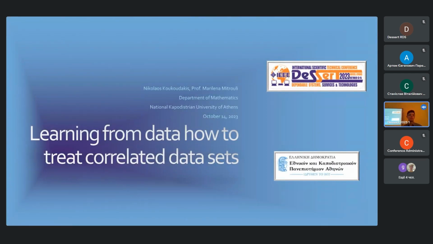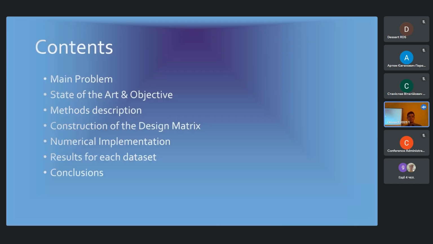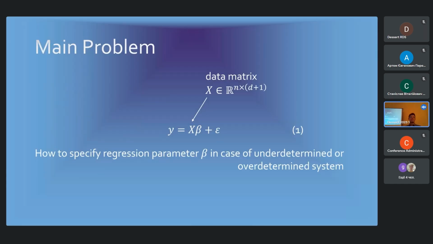I am Nikolaos Koukoudakis, and today we will talk about learning from the data, how to treat correlated data sets. Now, our main problem for today is this least squares problem.